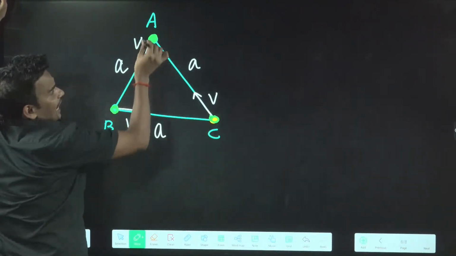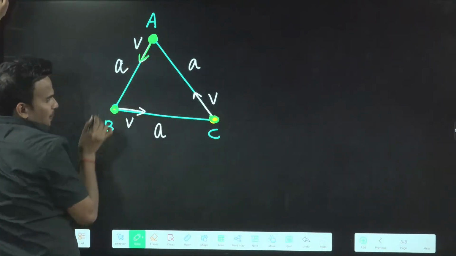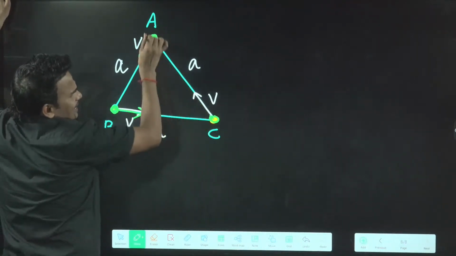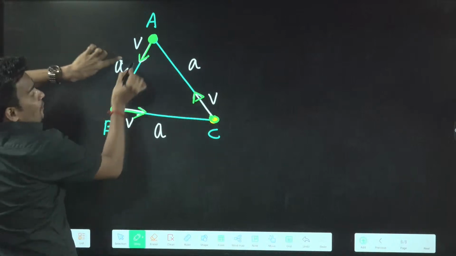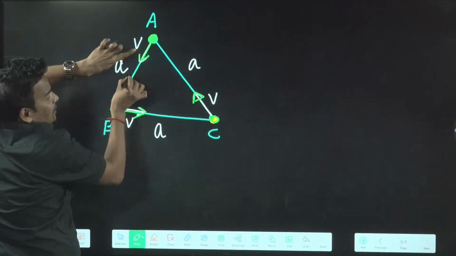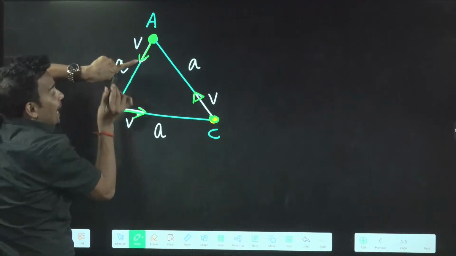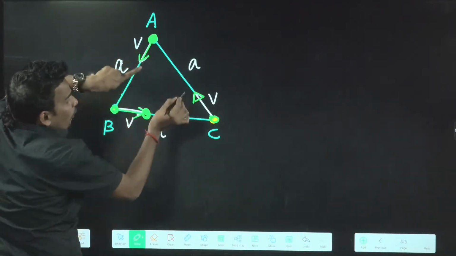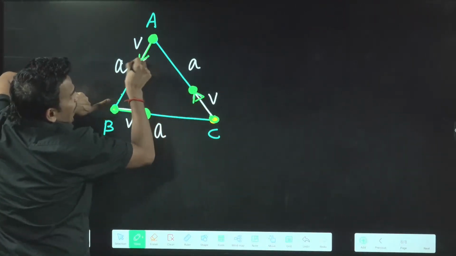A saw that B is here, so A moved towards B. B saw that C is here, so B moved towards C. C saw that A is here, so he moved towards A. But now A will not move again on this line. Now for A, B has come here. For B, C has come here. And for C, A has come here.